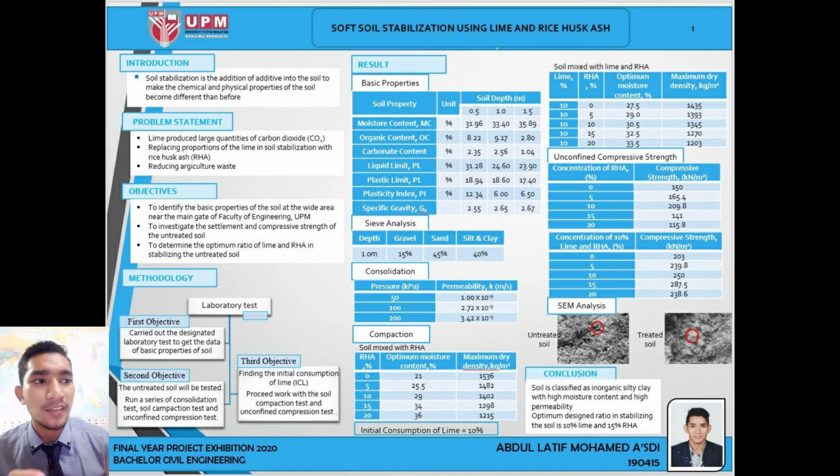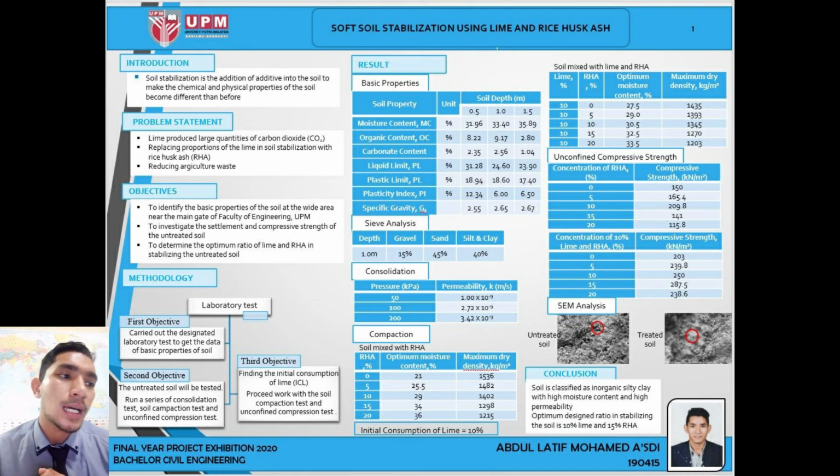As you can see here, this is the compressive strength result that I got. The optimum is at 10% of lime and 15% of RHA, where the compressive strength is 287.5 kilonewton per meter squared.